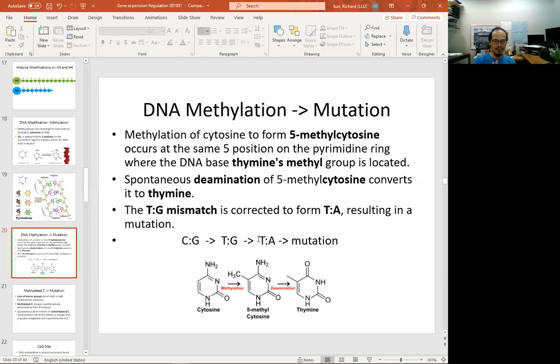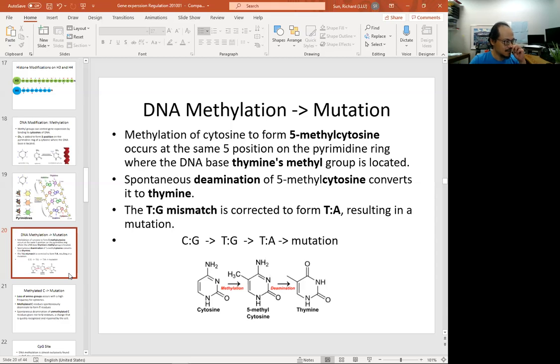If you look back millions of years, there were probably people with more CG, but through all this history, because of the DNA methylation, many CG pairs became TA pairs, and that's today's us. We have less CG than we expected.